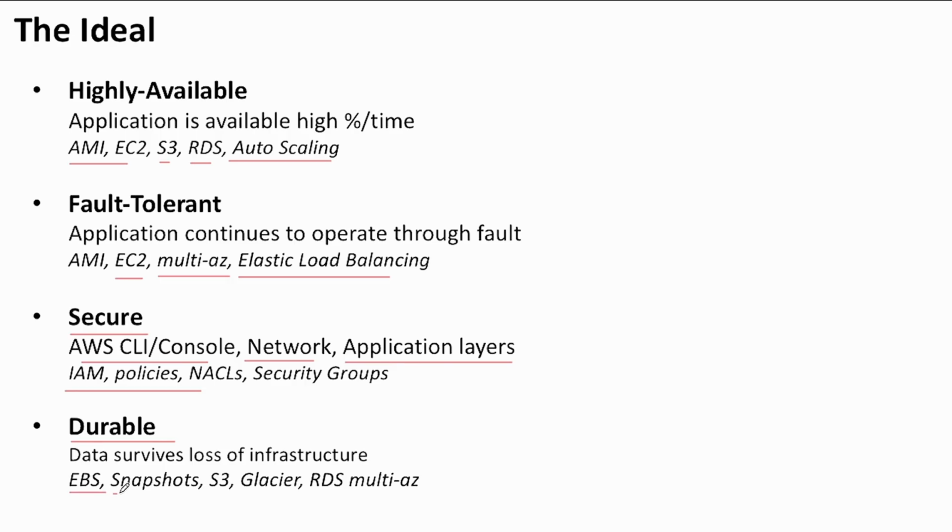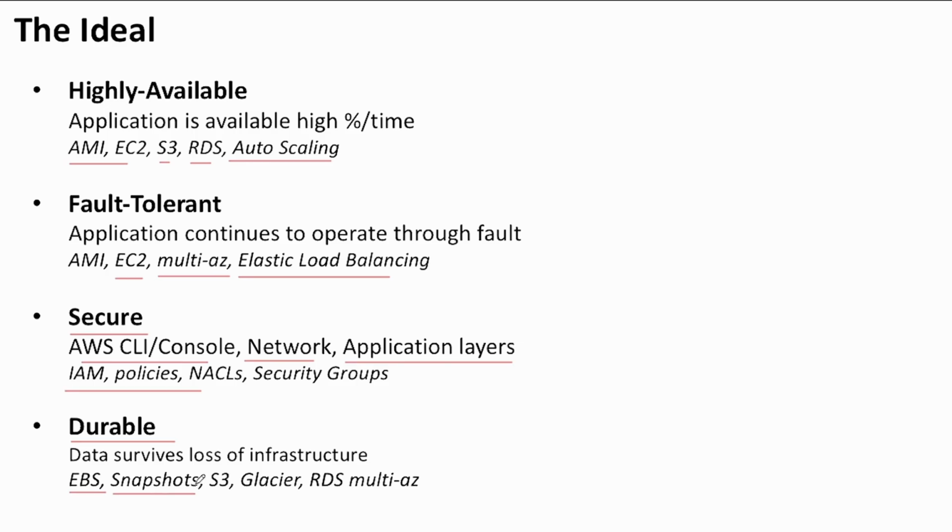So the Elastic Block Store is going to be inherently durable to the loss of a device, but by taking snapshots, those being stored in S3, and S3 being redundant across multiple availability zones, will give us a high degree of durability in our data.